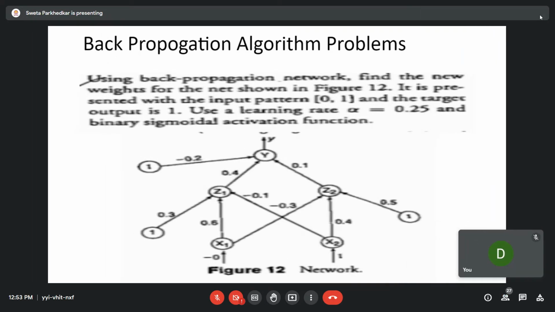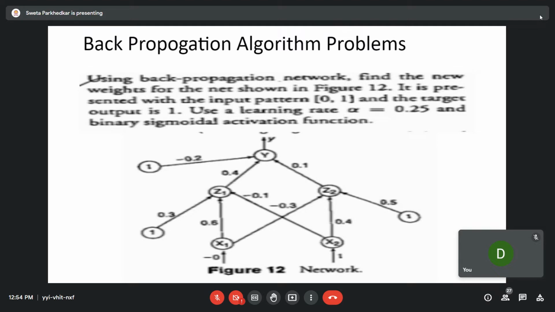Okay, just write down this problem. Okay, try to understand this problem.